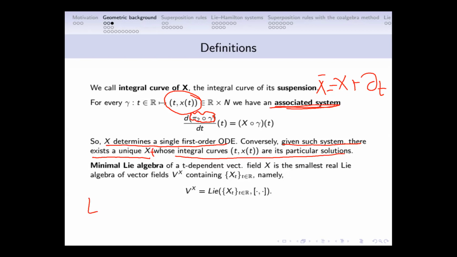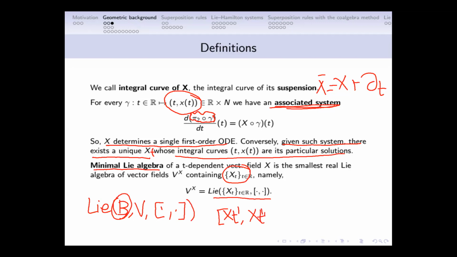So what I introduced in the previous slide, this Lie bracket as the minimal Lie algebra that contains all the series expanded by V. Here, we will call the minimal Lie algebra of a time-dependent vector field the same subset that I have defined here, which is basically all the commutators at different t's.